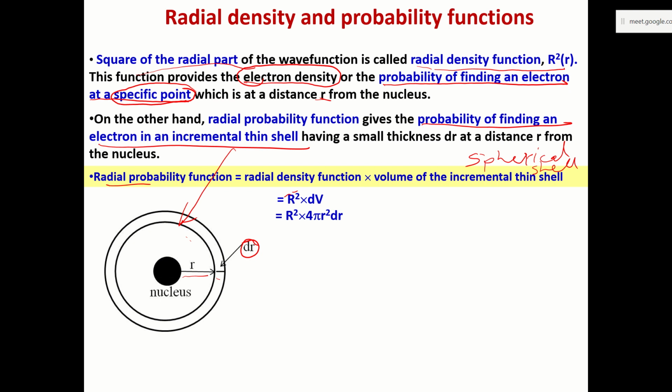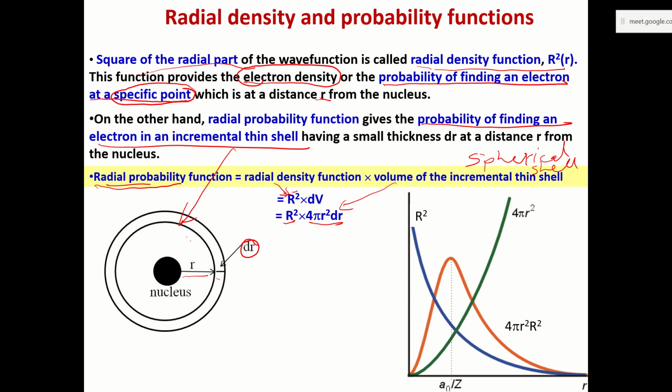First you squared the amplitude and got the electron density, and when you multiply the electron density by the volume, you get the probability, okay? So this probability is defined like this. It is composed of two terms. One is electron density, another is the volume of the thin shell that we are visualizing over here. Radial electron density times dV. Now just try to understand one thing.